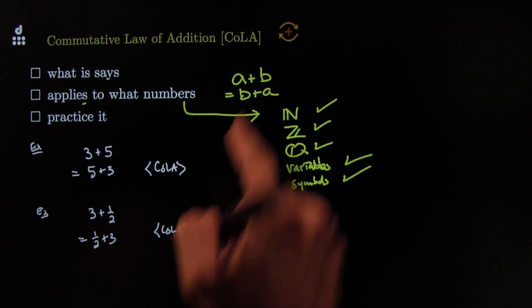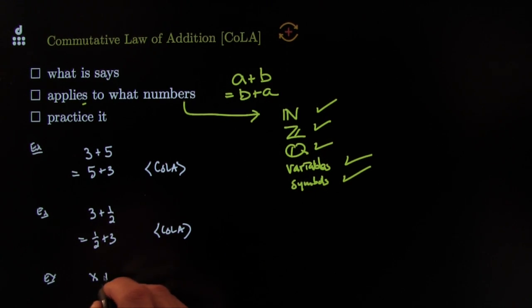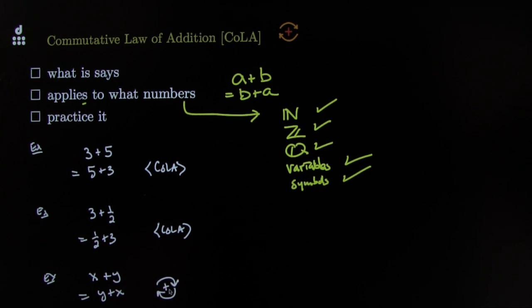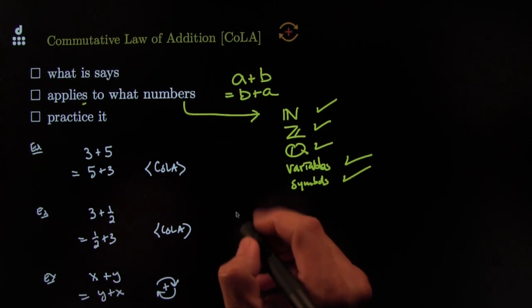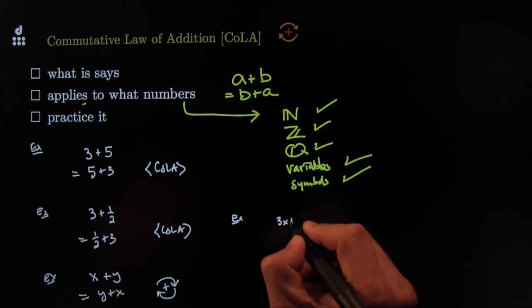And if you want to be fancy, you can quote it using the symbols here. X plus y, is that the same thing as y plus x? Yes, by COLA. All you did is move the x to that side of the plus and the y to this side of the plus. They commuted. Okay. Here, a couple more examples. What if I have 3x plus 5?